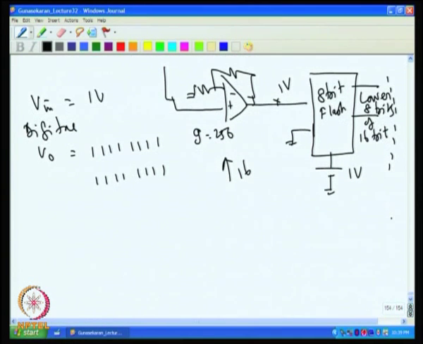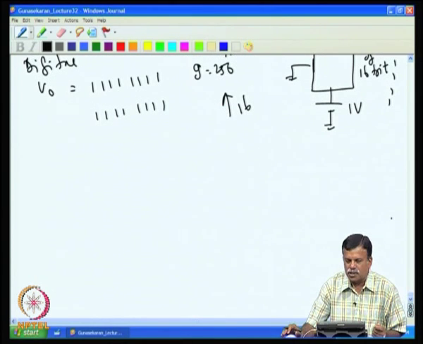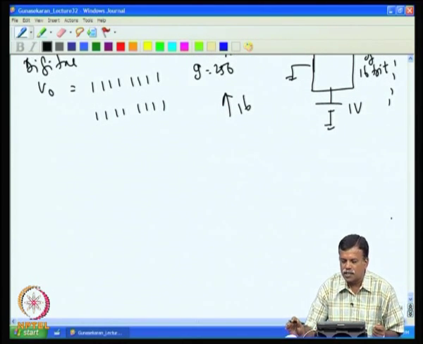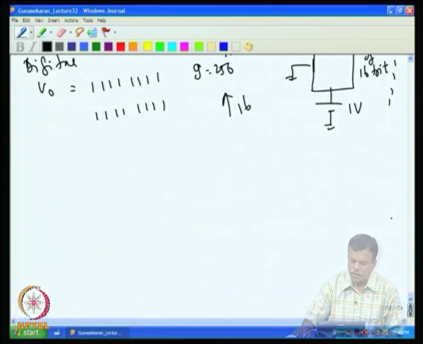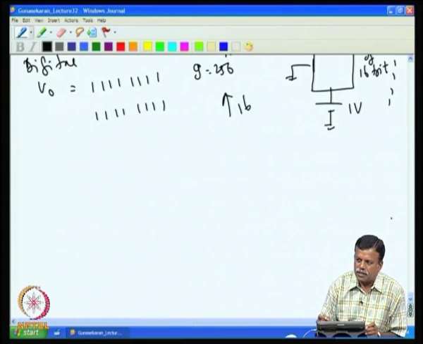So, almost all higher bit flash converters are actually subranging A to D converters. Sometimes it is also called a pipelined ADC. These A to D converters are very fast, because you have only the direct comparison with the comparator, so the conversion time goes in nanoseconds.